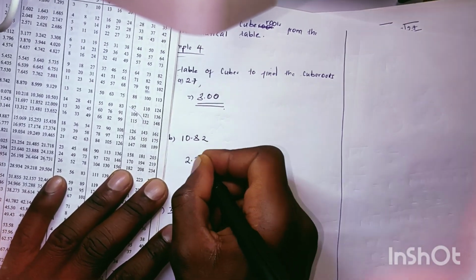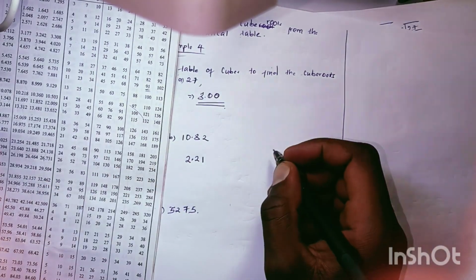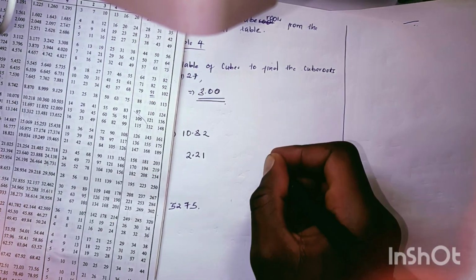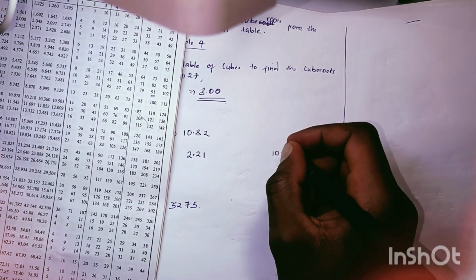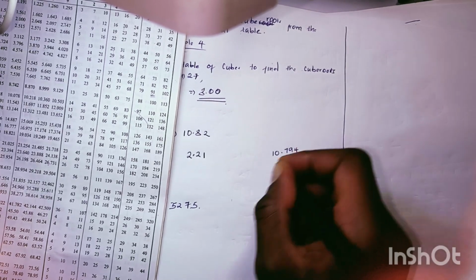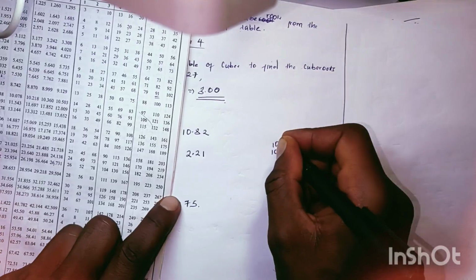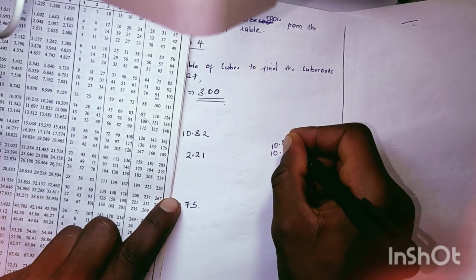But remember, we have got 10.7. We got 10.794, and we were supposed to get 10.82.